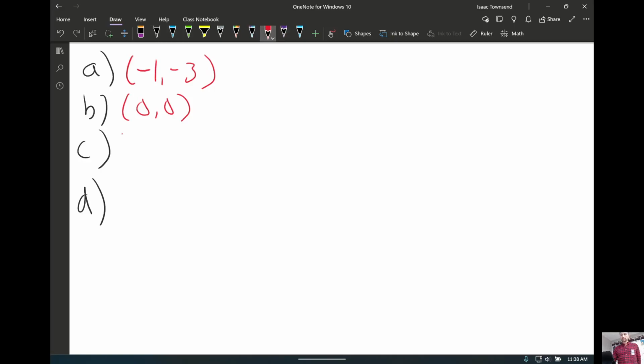Part C, we had relative max of 24 when x equals 8, and relative, sorry, not relative, these are absolute. Absolute min of -3 when x equals -1.